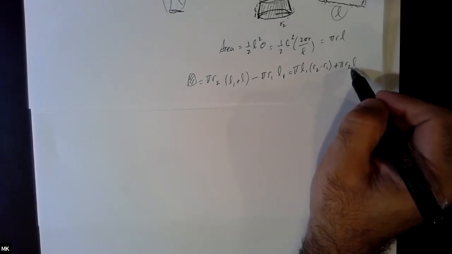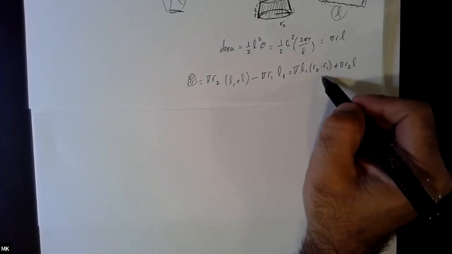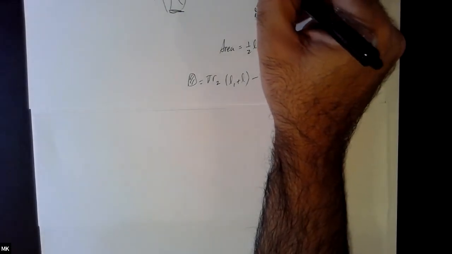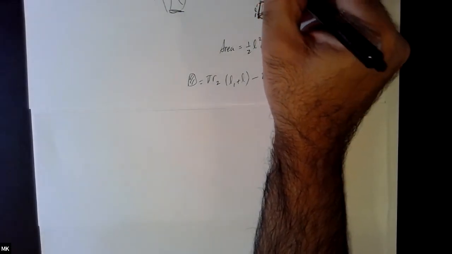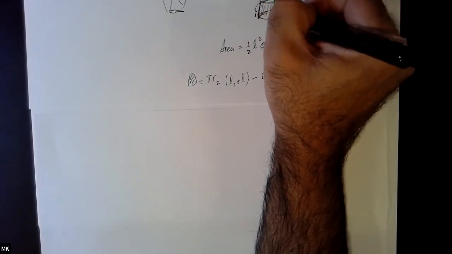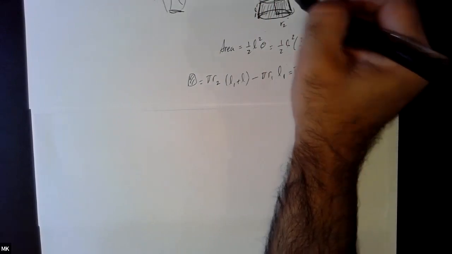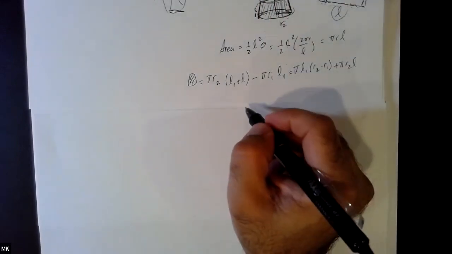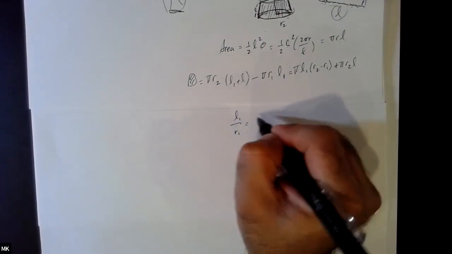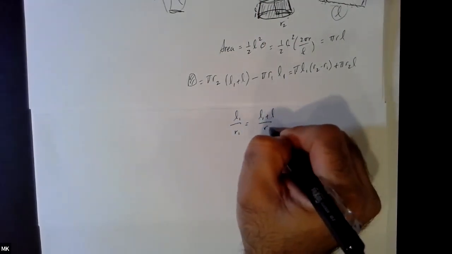Now, if I look at this portion, I actually see two similar triangles. One triangle is here with the right angle, and one triangle is here with the right angle, right? Which gives me Euclid's formula for similar triangles, which means L1 over R1 is equal to L1 plus L over R2.